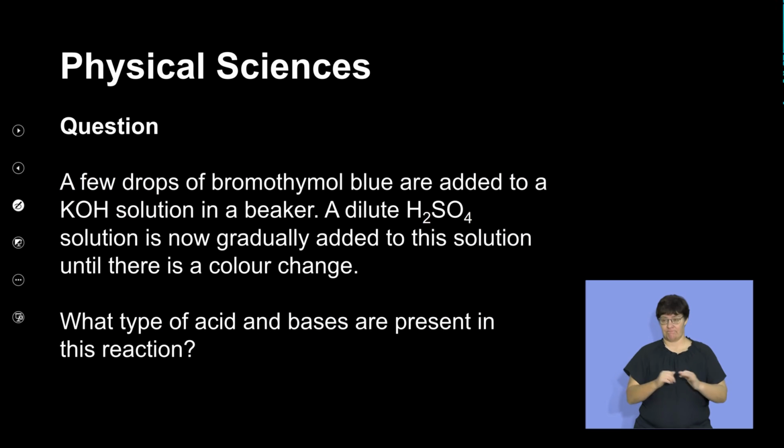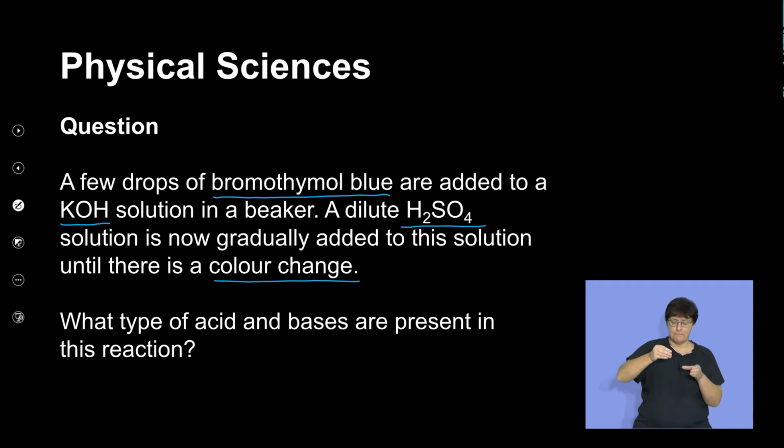Right, the question reads: a few drops of bromothymol blue, okay? So this is an indicator added to a potassium hydroxide solution in a beaker. A dilute sulfuric acid solution is now gradually added until there is a color change.